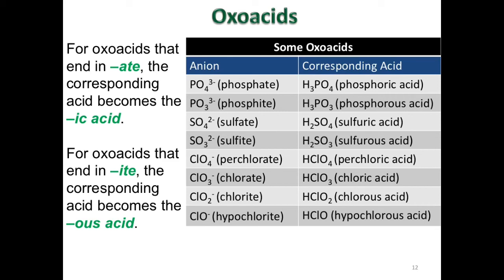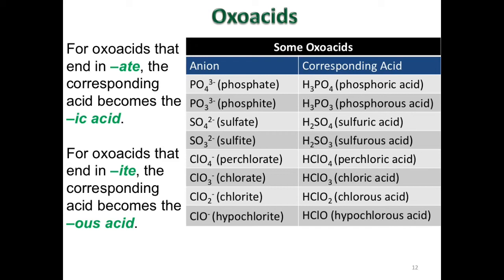For those oxoacids with a polyatomic anion that is an -ite, as in phosphite, PO3 3-, the corresponding acid ends in -ous acid. So H3PO3 is phosphorous acid.